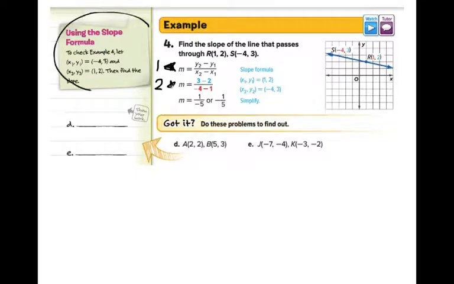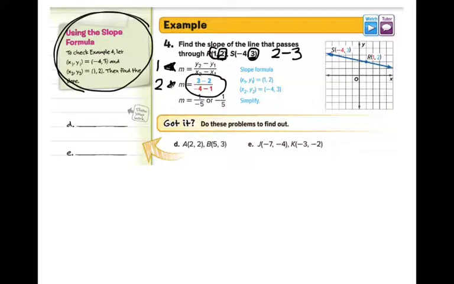If we check our little side note here, to check example 4, let x1 and y1 equal negative 4, 3, and x2 and y2 equal 1, 2. Then find the slope. Okay, so basically what they're saying is reverse the order. So instead of the second minus the first, do the first minus the second. So they're saying 2 minus 3.